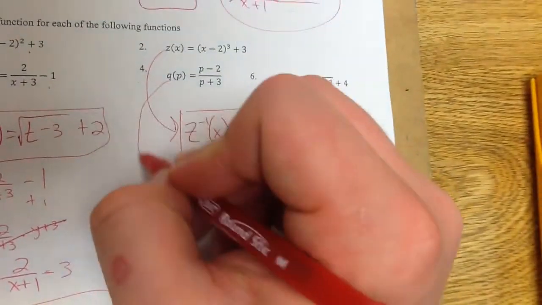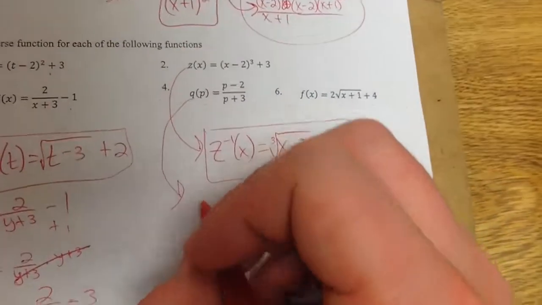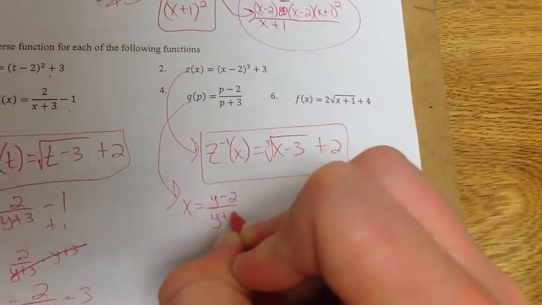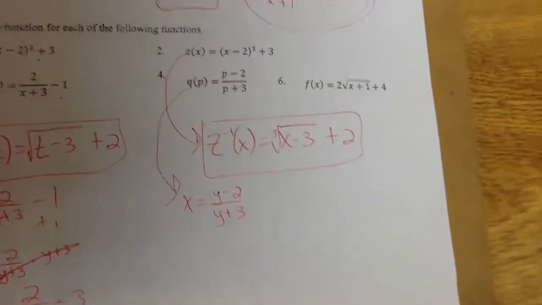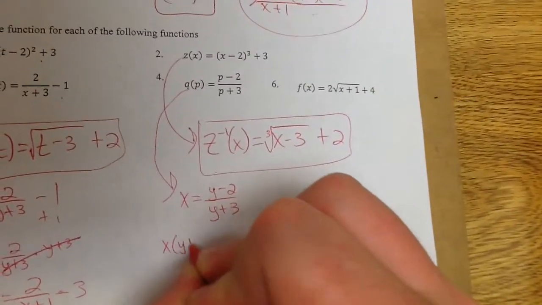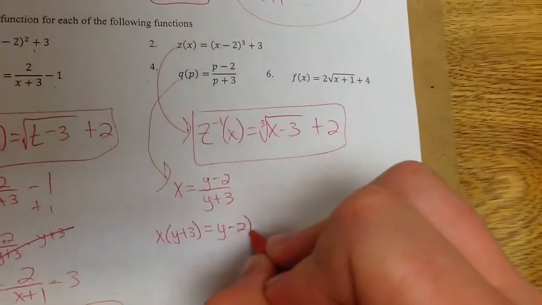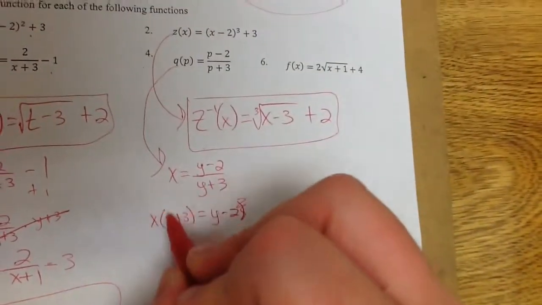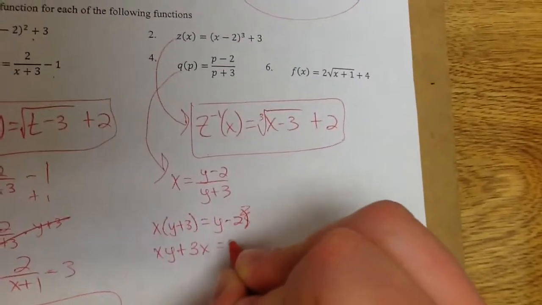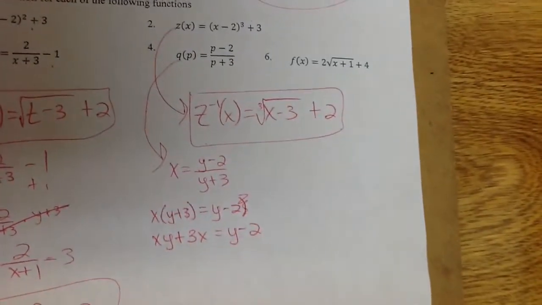This one, I'm going to use x and y just because it's easier. So switch them. It would be x equals y minus 2 over y plus 3. Kind of struggled with that one when I was doing it with Riley, but it's not bad. Multiply by y plus 3 on both sides, and you get that. Then you actually have to do the distributive property here to get xy plus 3x equals y minus 2, because that allows you then to get all the y's on the same side.